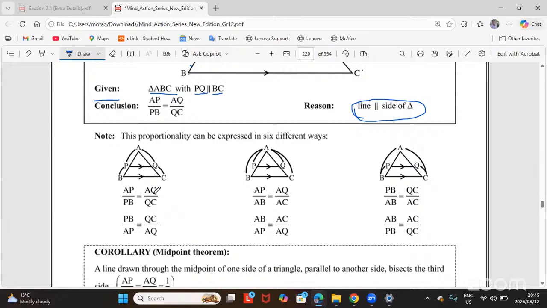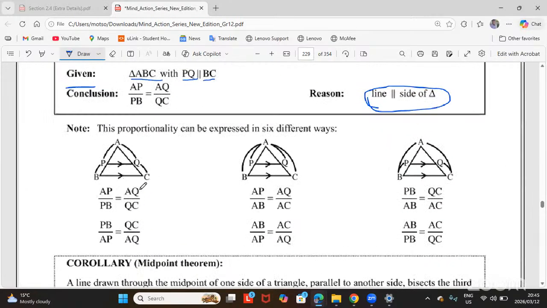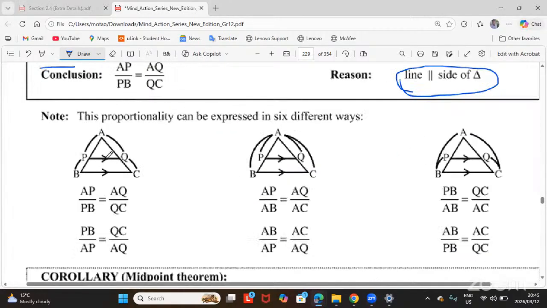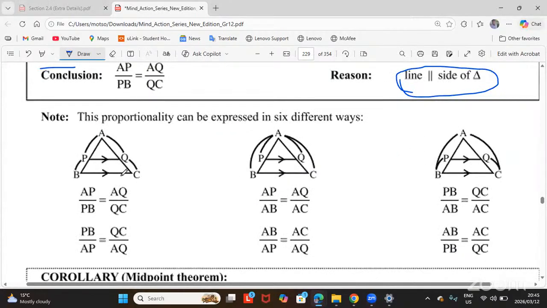Now we've got these cases. We've got this triangle here. Let me zoom it a little bit. Now I've got my triangle ABC and my line PQ that is parallel to BC.